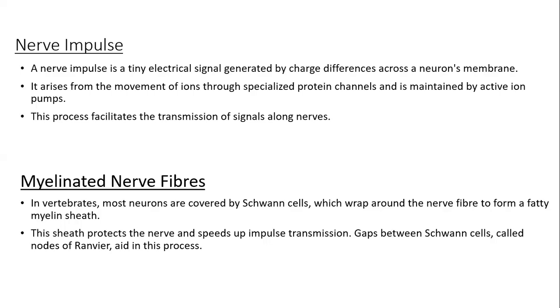And if you take the axon, it is a single long projection that carries signals away from the cell body to the muscles. And the myelin sheath is a fatty insulation layer that surrounds the axon, which speeds up the signal transmission by jumping between the gaps called the nodes of Ranvier.